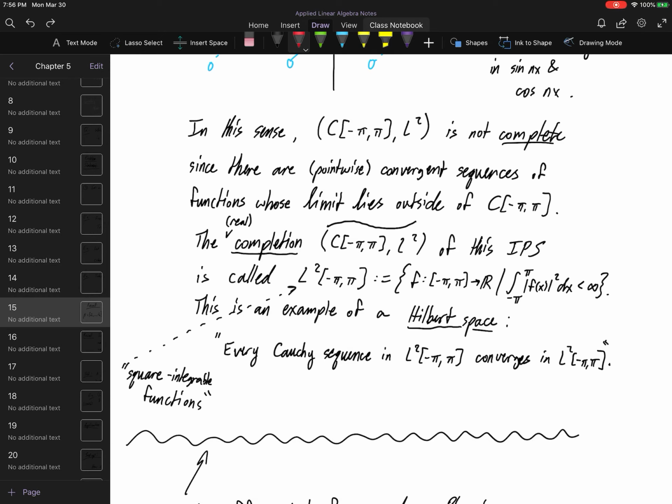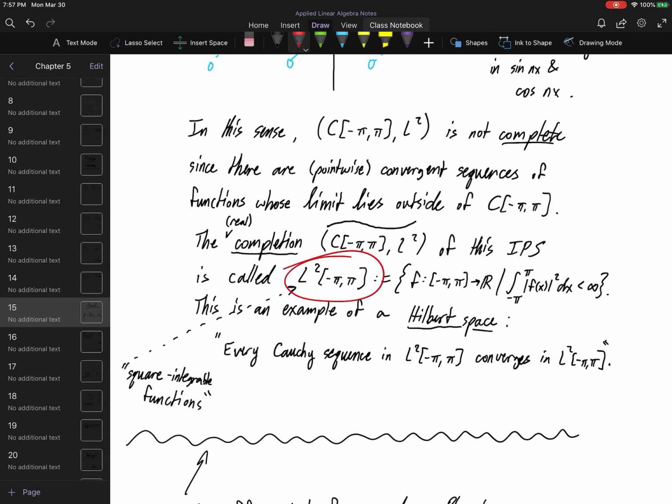If we complete this space, putting those limiting functions in there, we get a formal definition of the square integrable functions, of what it means to be an L2 function. L standing for Lebesgue. I'll write that down. Lebesgue has an S because he's French, don't hold it against him. He is a big name in measure theory and analysis, and helped lay a lot of the framework for advanced calculus.